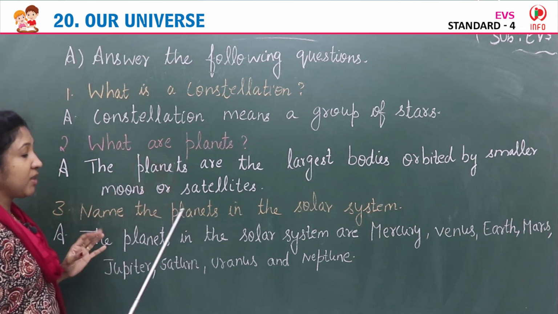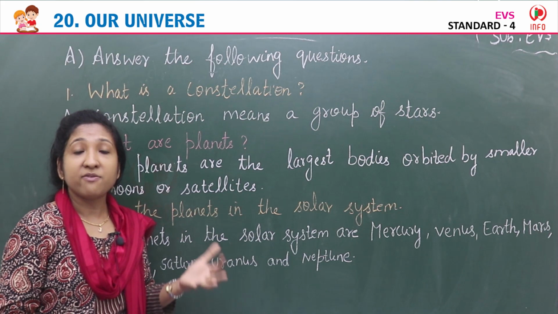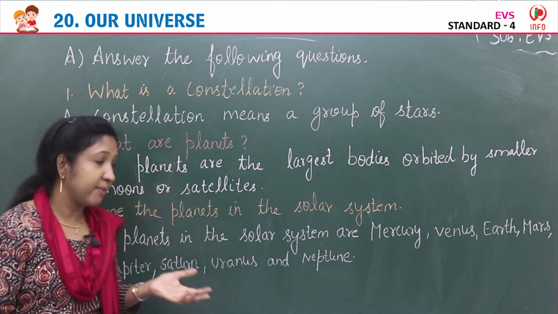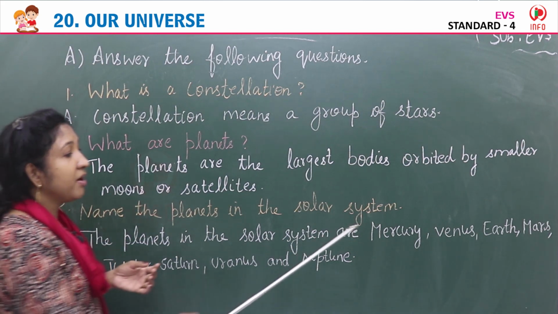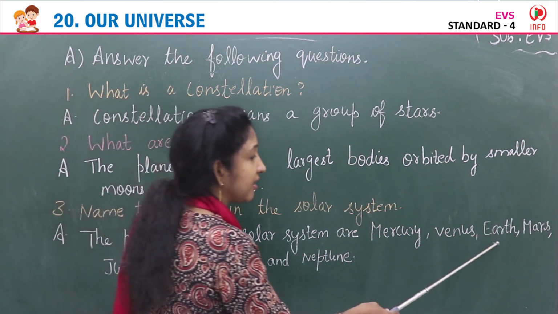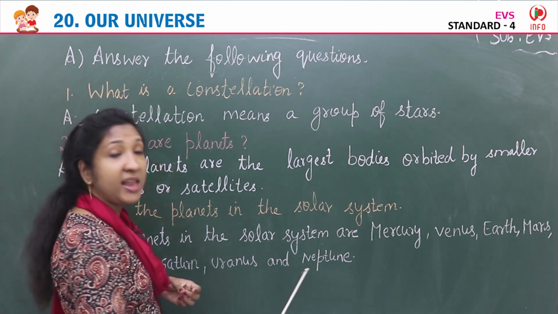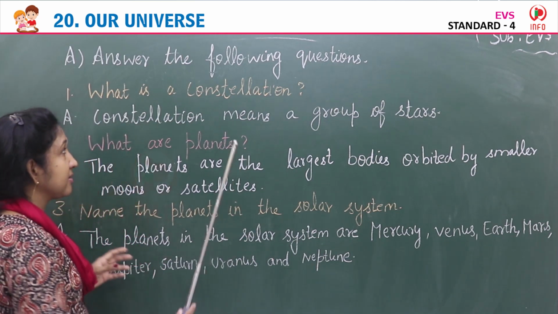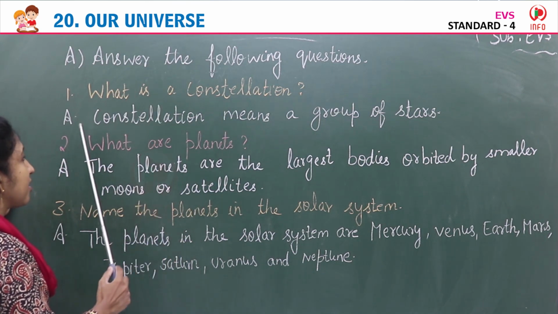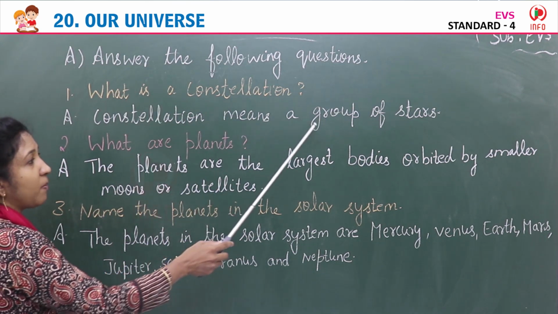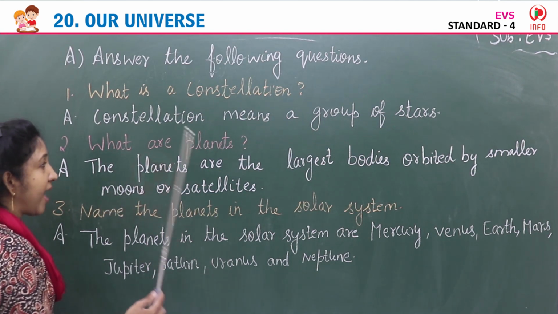Then third, name the planets in the solar system. Again, another easy question. The planets in the solar system are Mercury, Venus, Earth, Mars, Jupiter, Saturn, Uranus and Neptune. So the first question is, what is a constellation? Answer, constellation means a group of stars. Second question, what are planets?